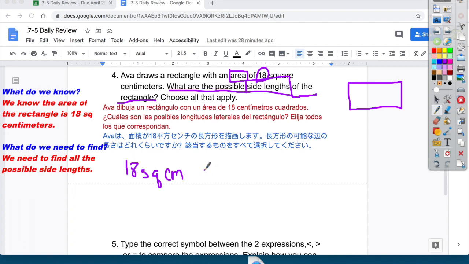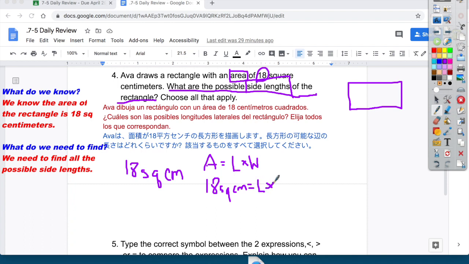Because area equals length times width, right? So we know that area equals length times width. So that means that we know that it's 18 square centimeters. So we need to find out what the length and the width are.